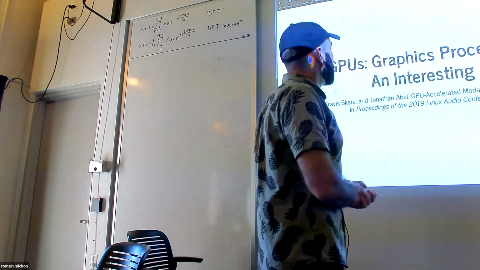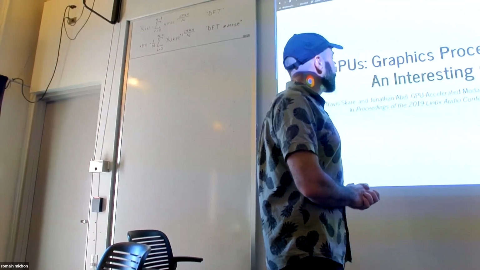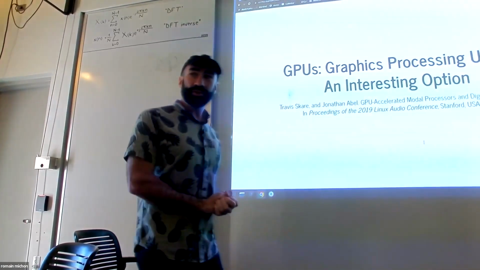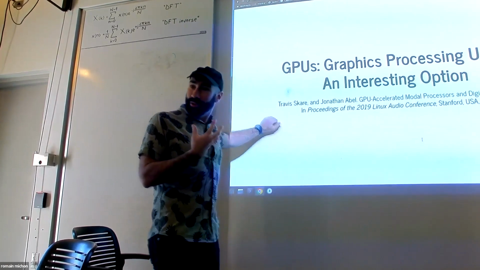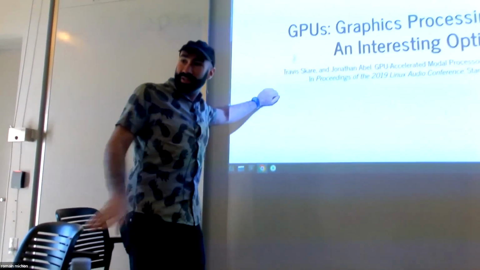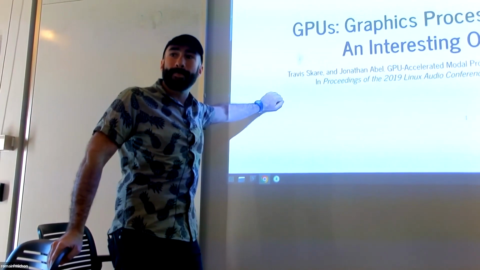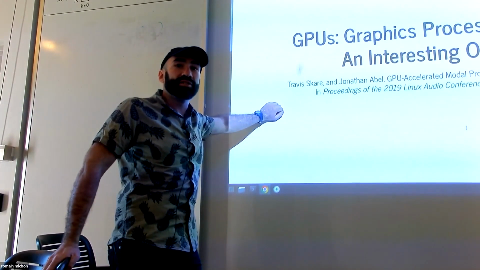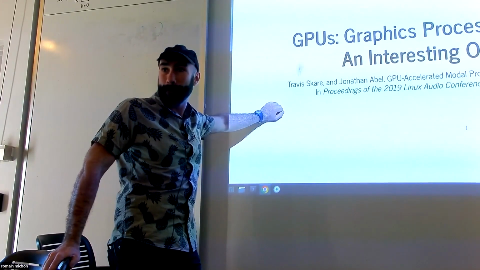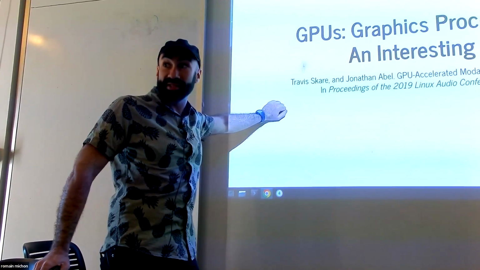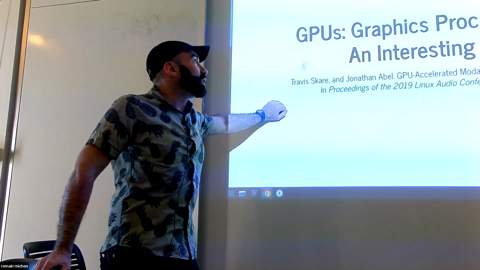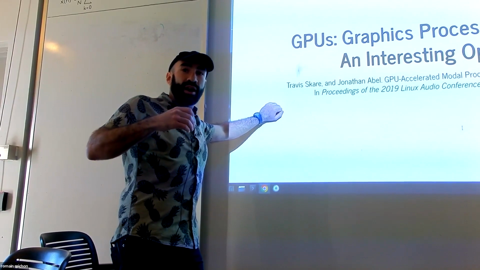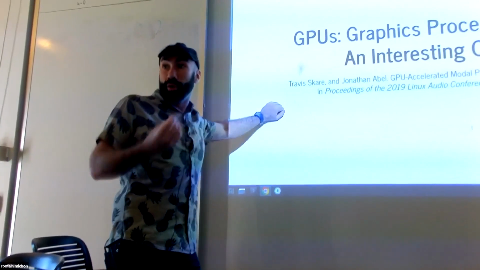Okay. So the main feature, do you know what the main feature of a GPU is versus other types of processors? What differentiates a GPU from a CPU? Parallel processing, exactly. So on a GPU, you have hundreds of cores, okay?